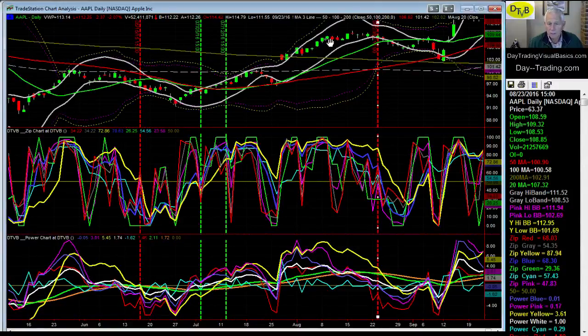When zip drops down under zero, that's usually a good indication of a continued downtrend as well. In the next 4 or 5 days after this red vertical line, the zip yellow line angle is significantly down, which is a good way to tell yourself to continue in the pattern. Stay with the short position because it's going to go down.